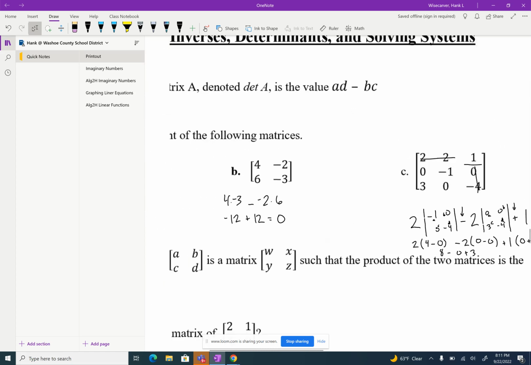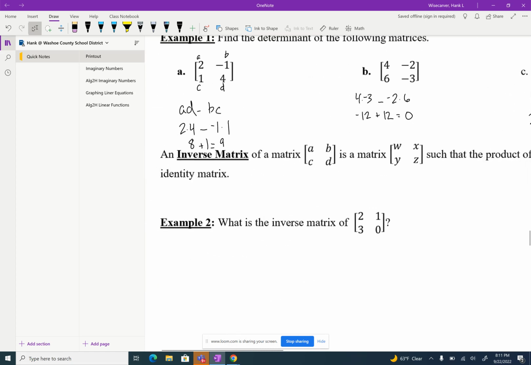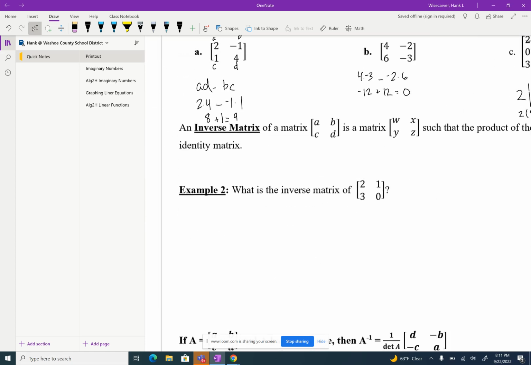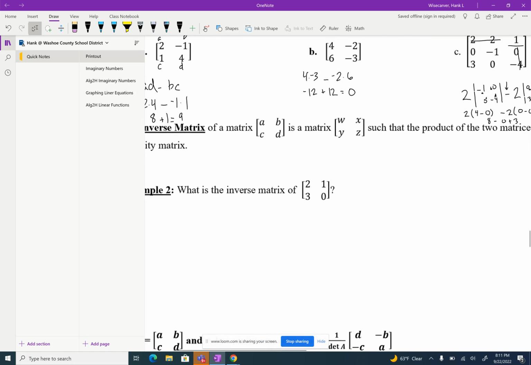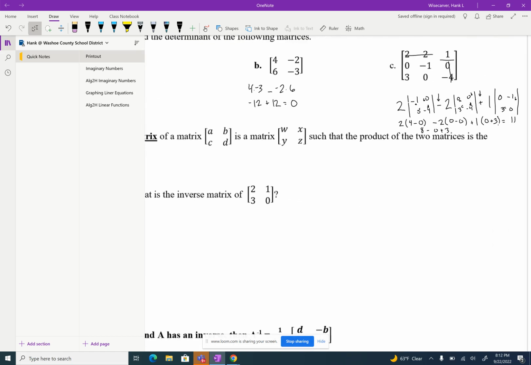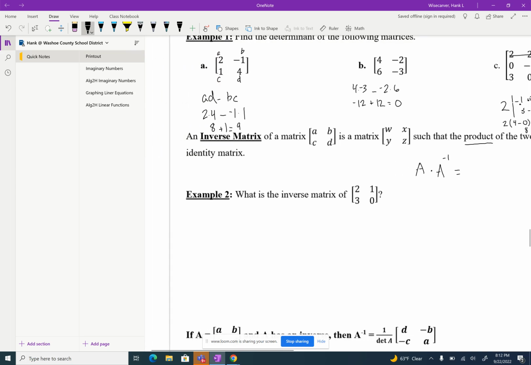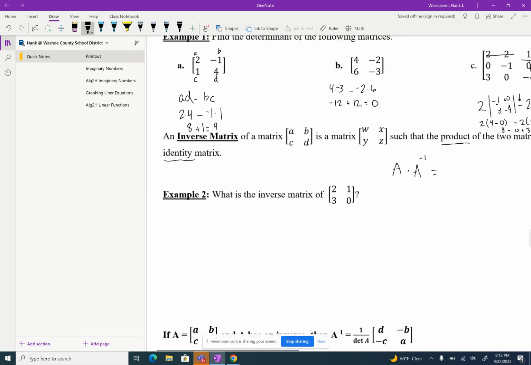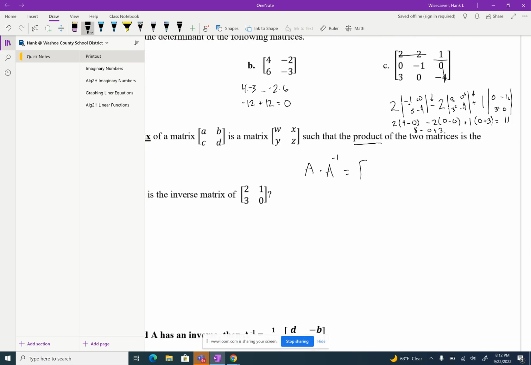Alrighty, so let's take a look at what we got. So the inverse of a matrix: if you have a matrix times its inverse, the product of these two matrices is the identity matrix. So when you multiply these two together, we're mainly going to be talking about 2x2s, it should be 1, 0, 0, 1 when you're finished.